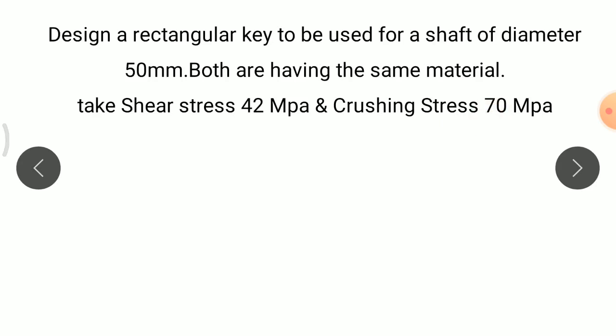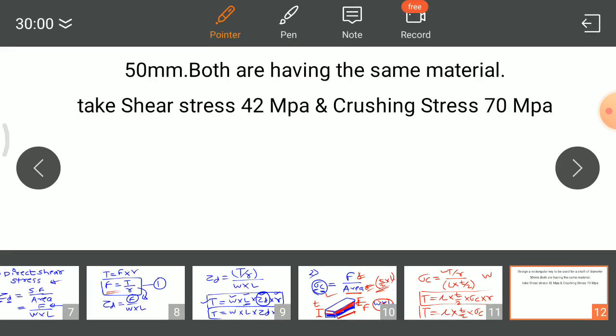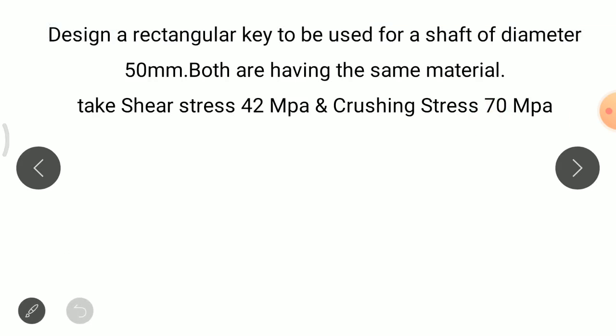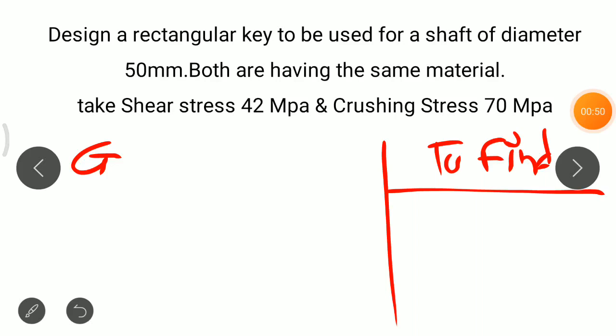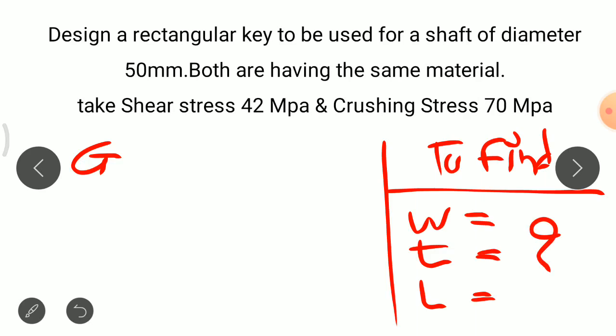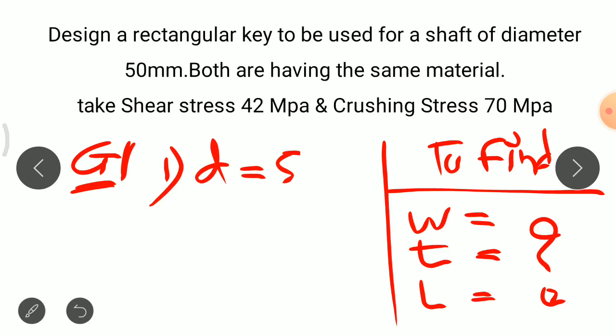Now write the given data and what we have to find. In such problems we have to determine the width of key, thickness of key and length of key. These three quantities we have to find. What we have in the given data: first, the diameter d is equal to 50 mm.